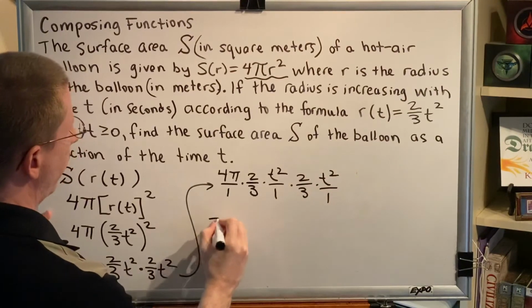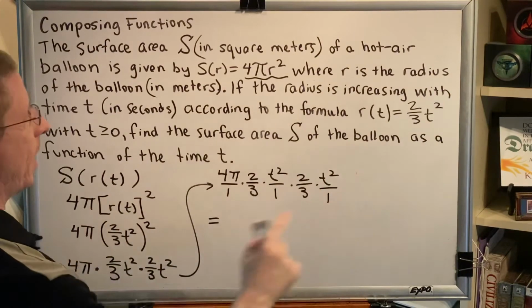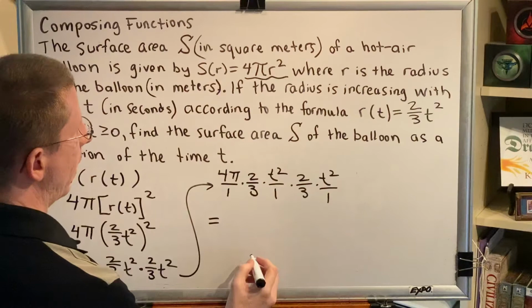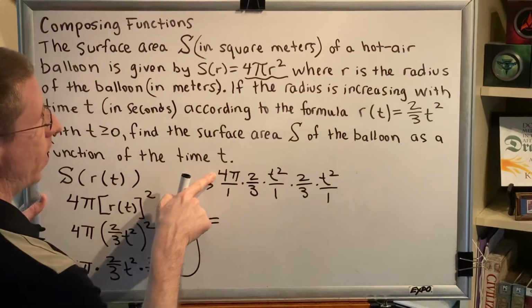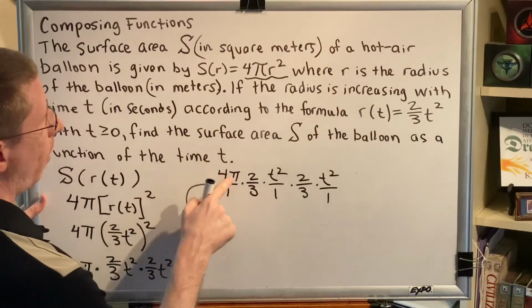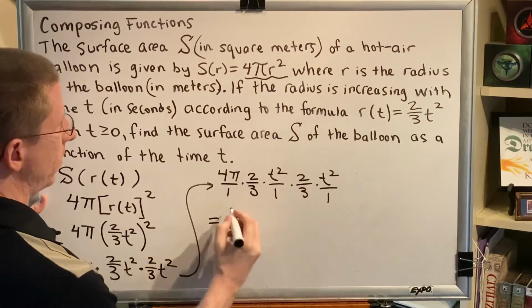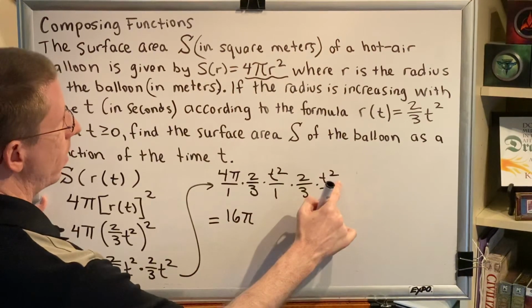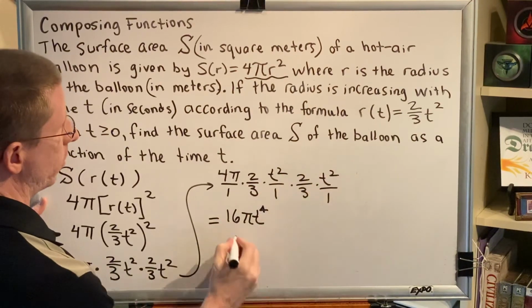The rule for multiplying fractions is that you multiply across all of your numerators to get your new numerator, and you multiply across all of your denominators to get your new denominator. So let's begin. Multiplying the number part up top, 4 pi times 2 would be 8 pi, times another 2 would be 16 pi, and t squared times t squared is t to the 4th because we add the two exponents together. 2 plus 2 is 4.